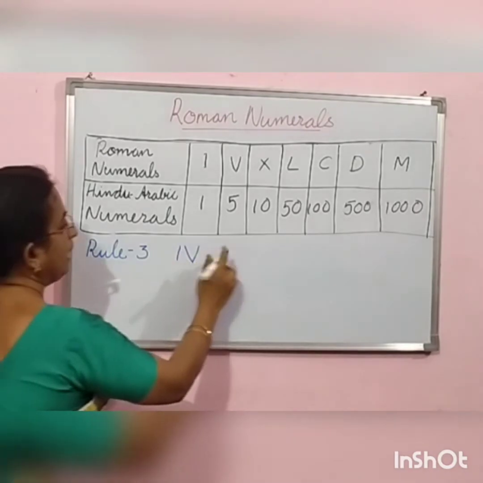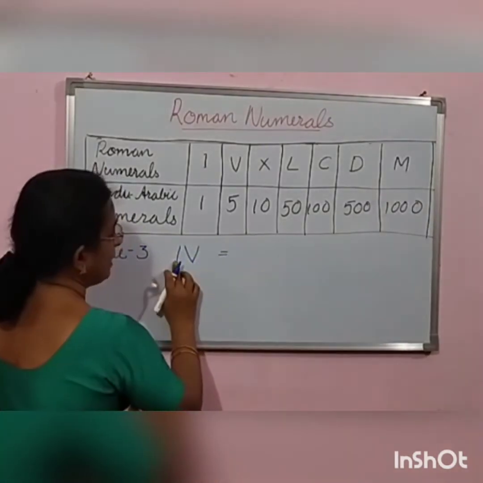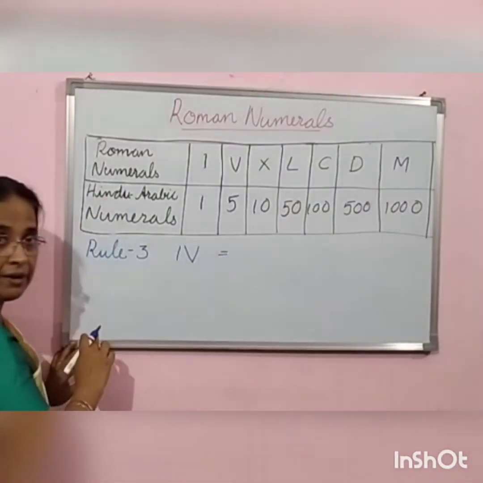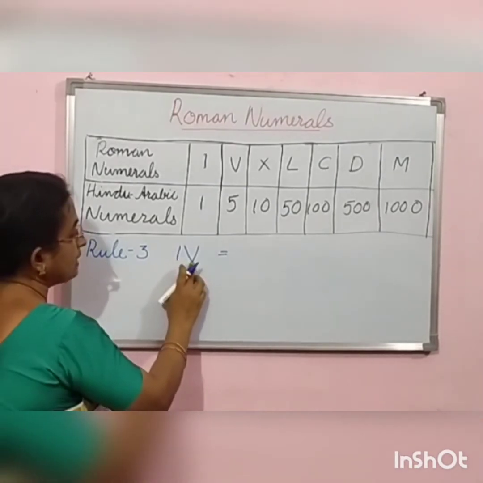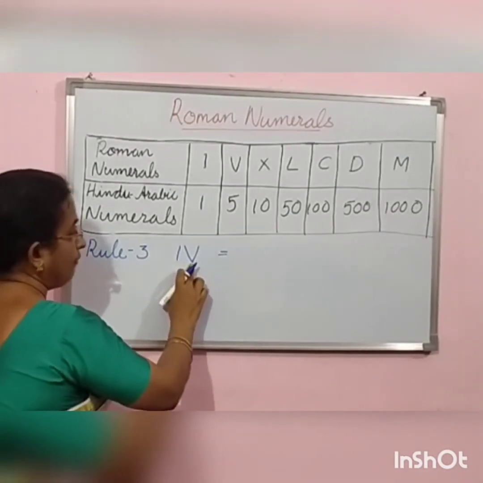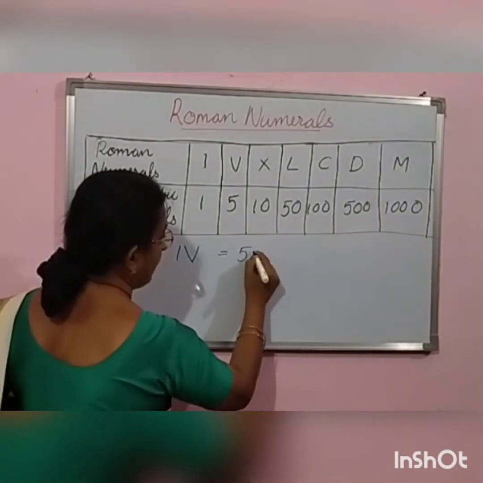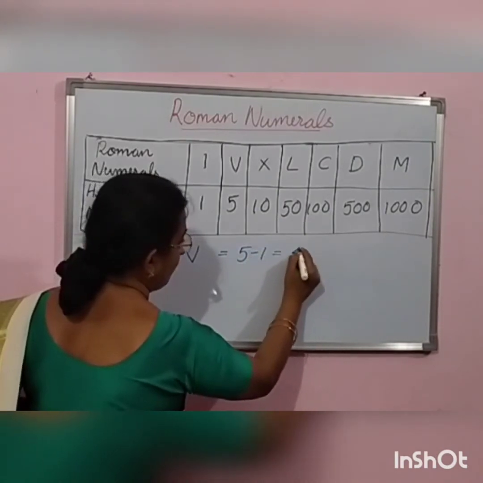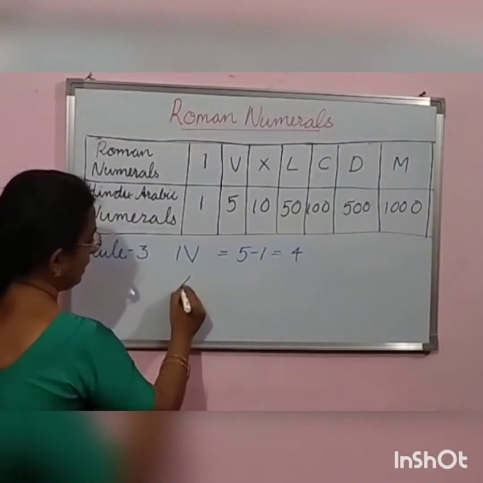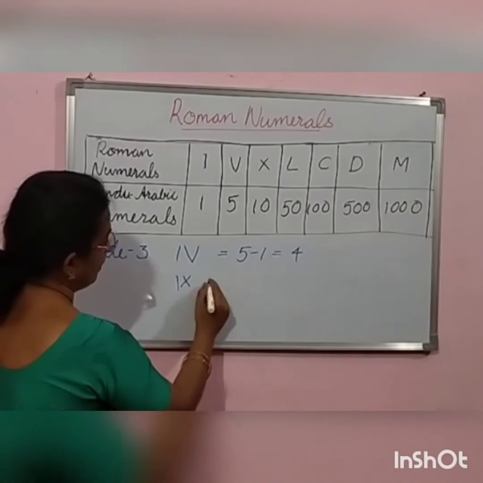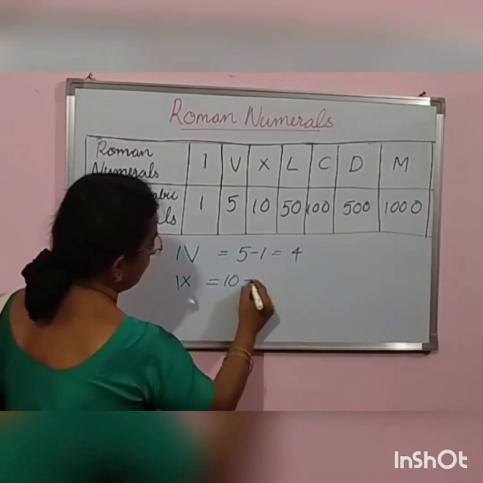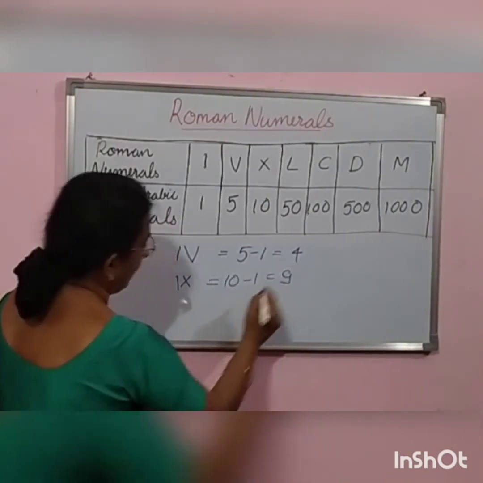That means 1 is subtracted from the 5. That is 5 minus 1, equal to 4. IX means 10 minus 1 equal to 9.